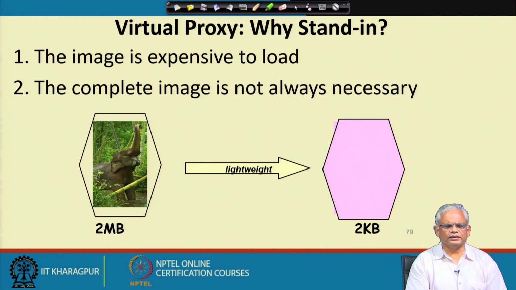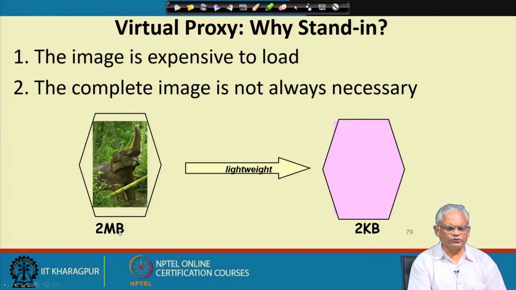Many of the high resolution images are very time consuming to load from the disk and display. If there are thousands of images like this, it will really slow down an application during its start.